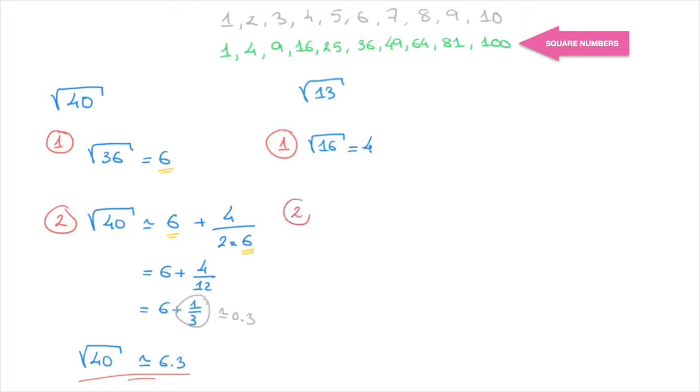Now, the second thing I do is state that the square root of 13 is approximately equal to the number we just found in step 1, so that's 4. So I write 4 here, plus the difference between 13 and 16. Well, in this case, 13 is 3 units less than 16. So I have to subtract 3, and that's written over 2 times 4.